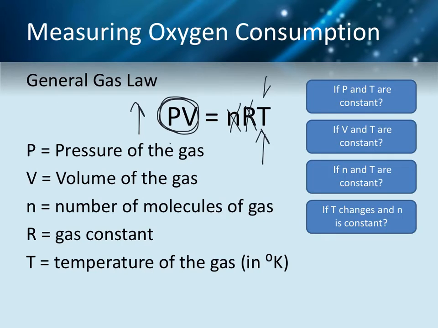If the temperature decreases, again, the combined volume and pressure has to decrease as well. And this one's going to be important in our experiment, because we are going to be increasing and decreasing the temperature, and as a result, watching the increase or decrease in the pressure and volume of our gas. So the volume is going to be the volume of oxygen, and we're going to be able to relate the pressure of the oxygen to that increase or decrease in the volume.